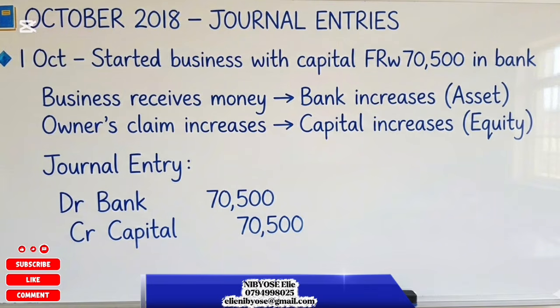So we are going to debit the bank account by 70,500 as an asset. We are also going to credit capital by 70,500 Rwandan francs, because the capital account is always credited when it is increasing.